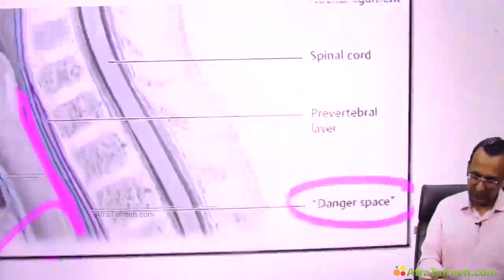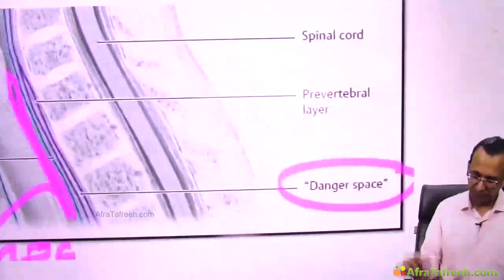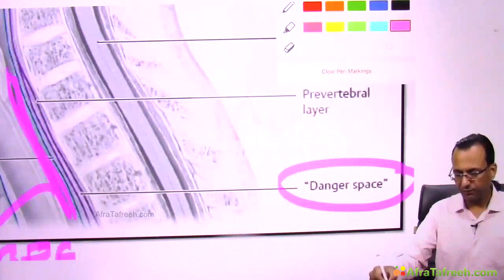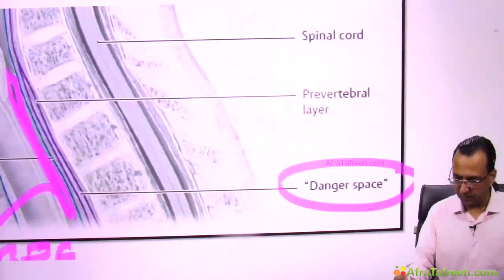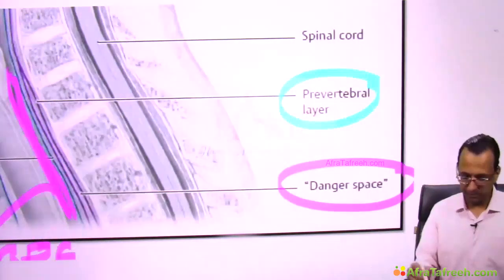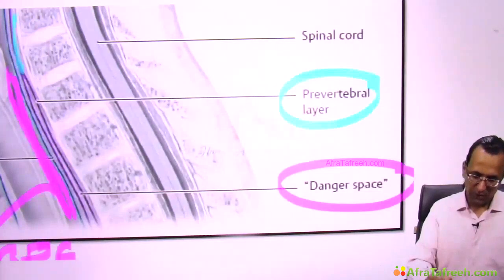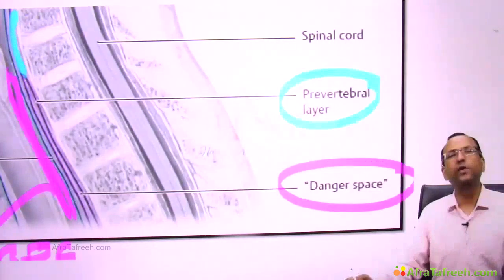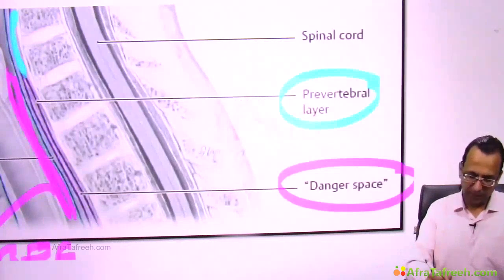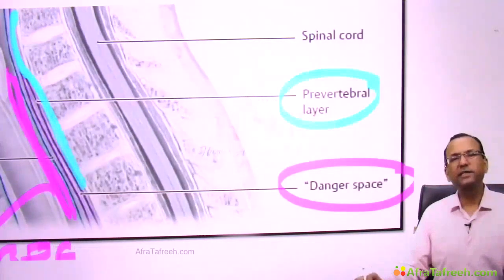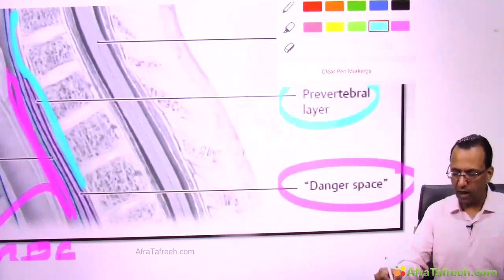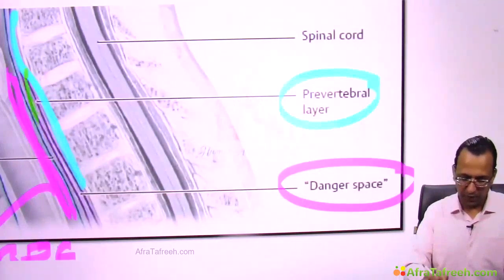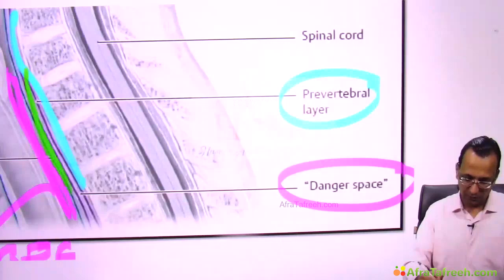You know, I told you that there is this prevertebral layer of the fascia, in front of the vertebra here. So this is the prevertebral fascia. It is splitting into 2 layers. There is a prevertebral fascia proper, and there is one coming anteriorly which is called the alar component of the prevertebral fascia.